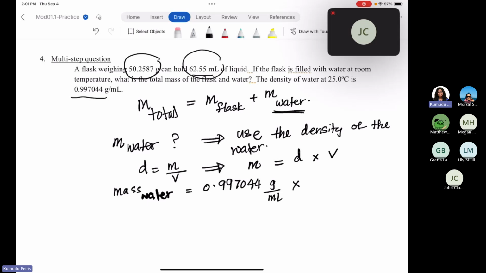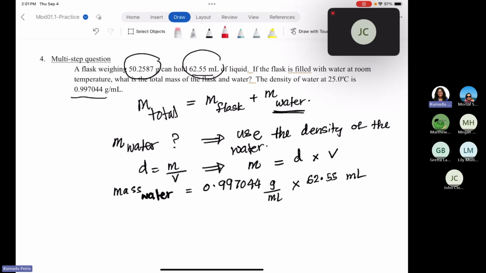Fortunately, here the volume is also given in milliliters. If that is not the case, you should change it to milliliters. The volume of this flask was given as 62.55 milliliters.